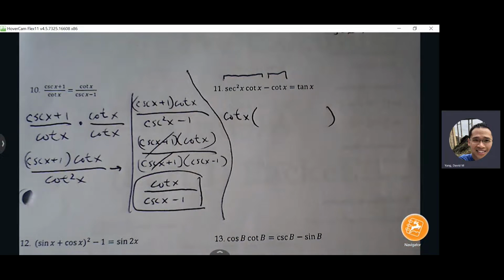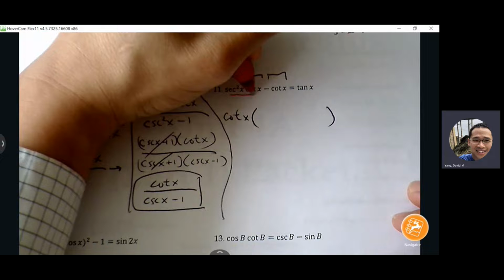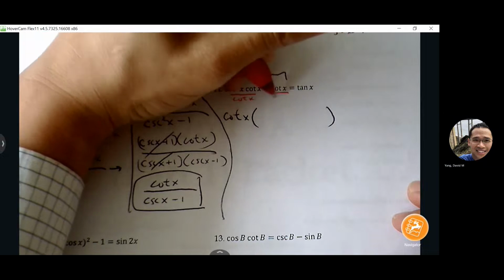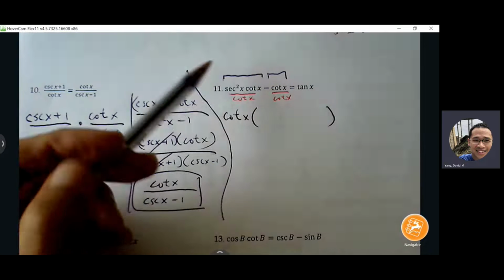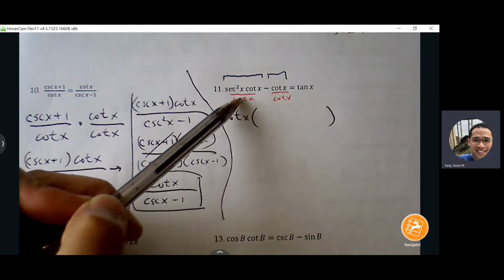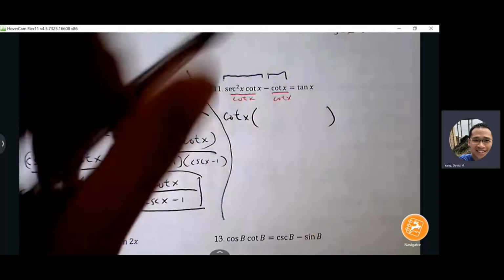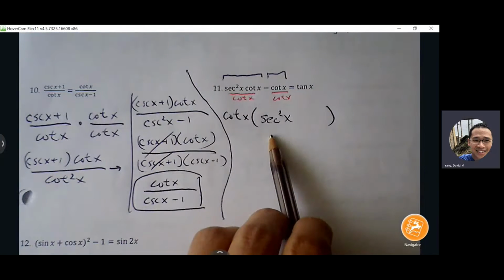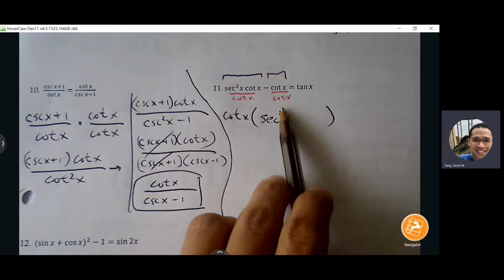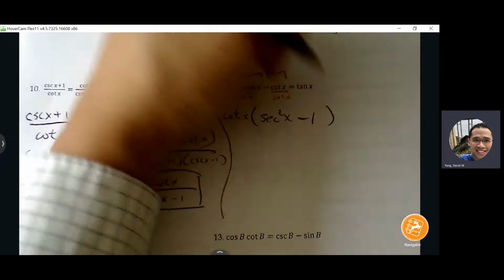So taking out a cotangent x means that I'm dividing that GCF out. Whatever's left over will go inside the parentheses. If I divide this by cotangent x, I'm left with secant squared x, and then cotangent divided by cotangent is 1, so minus 1.